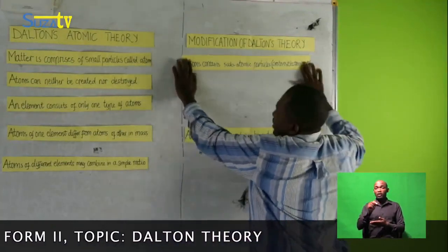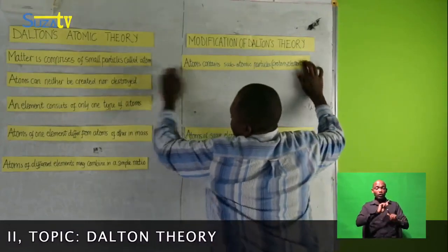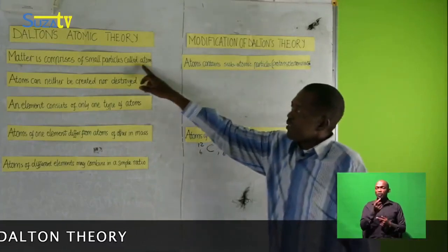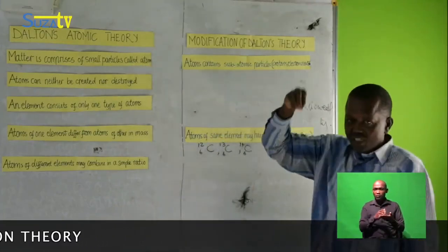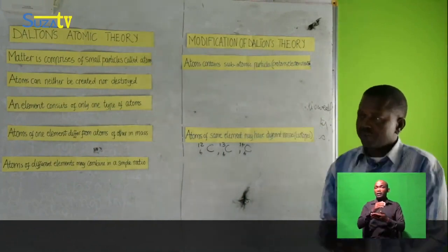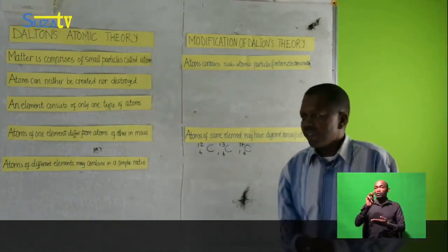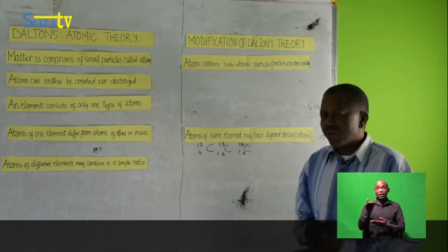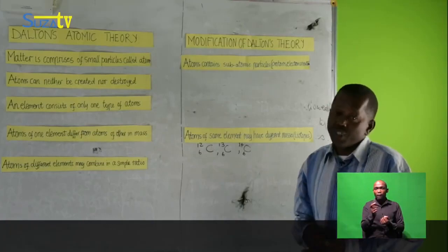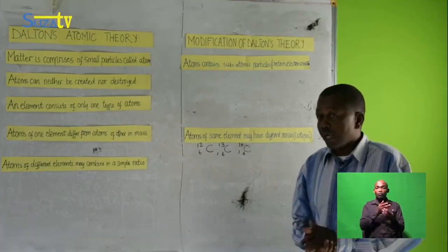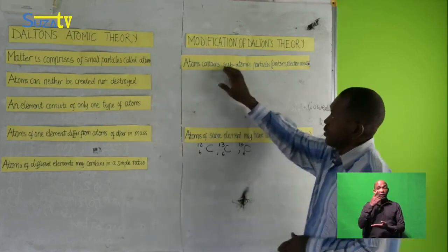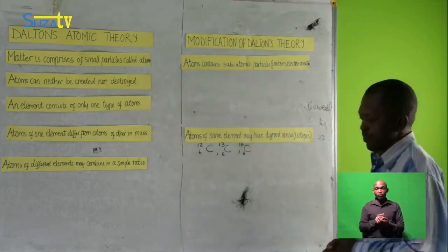Because when you say small particle, inside that small particle there are some subatomic particles. So by saying tiny indivisible particle, you mean it is no longer indivisible, as the modification says.